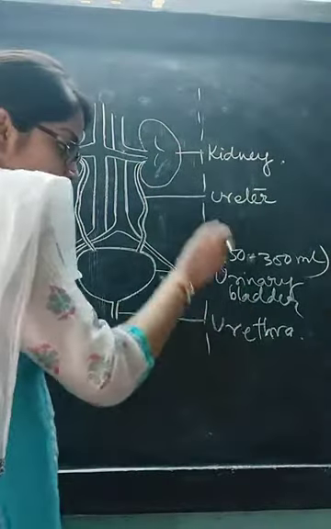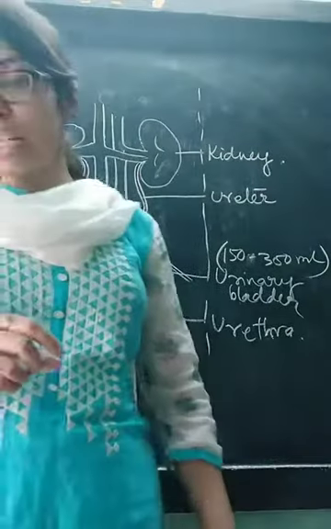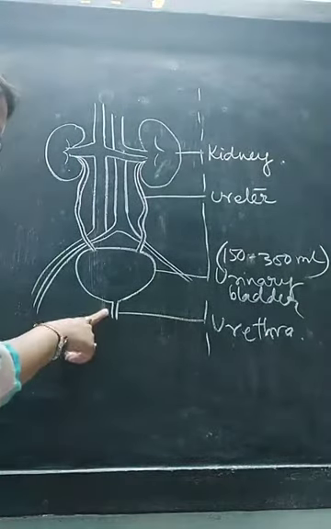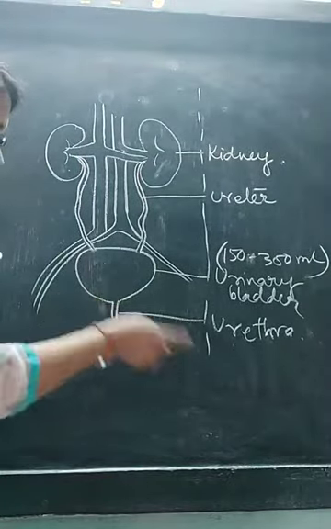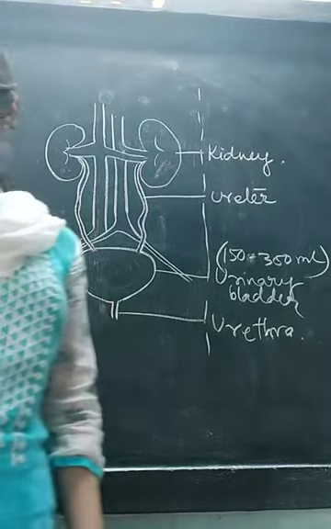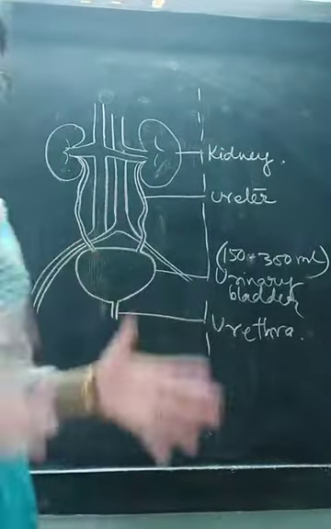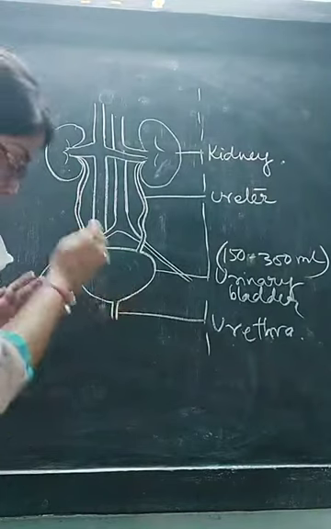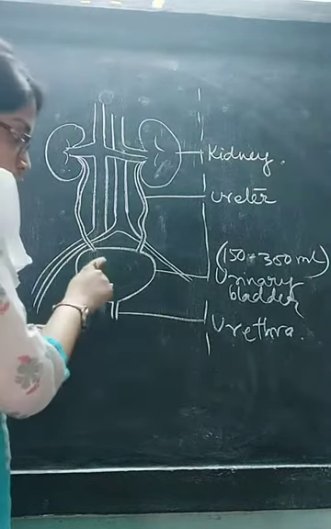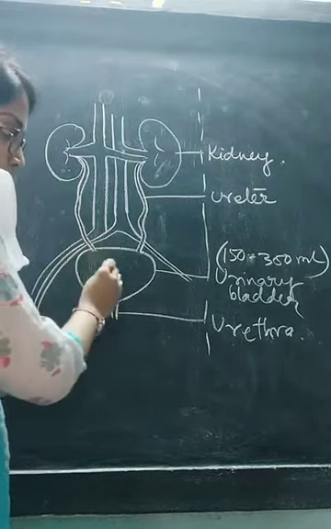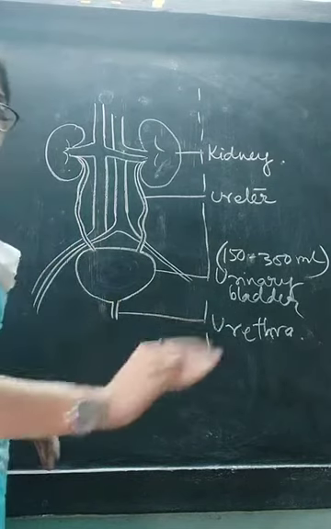Coming to the last part, which is urethra. It is a tube-like opening. As you can see, it is a very small tube-like opening which originates from the urinary bladder, and through this urethra, the urine which is stored temporarily within the urinary bladder is thrown out.